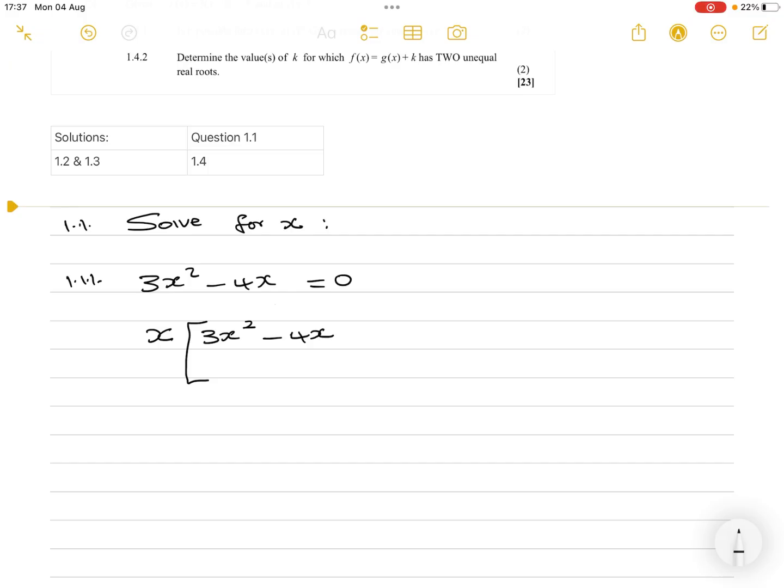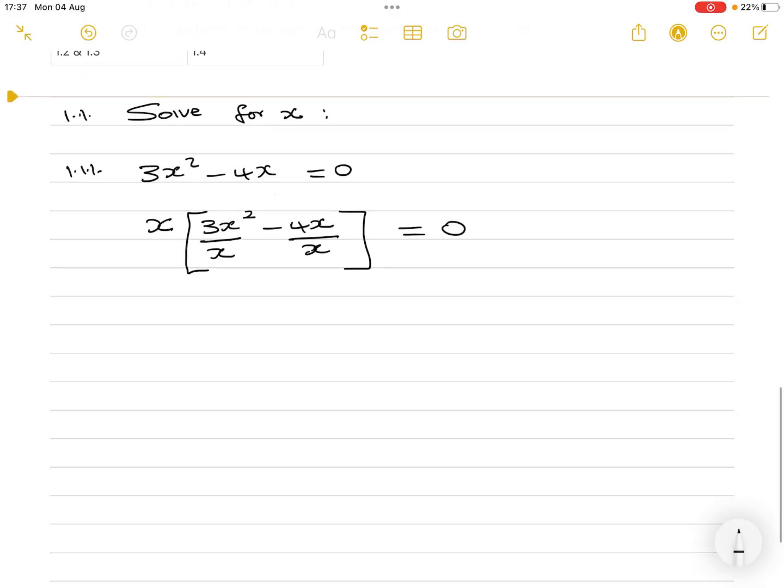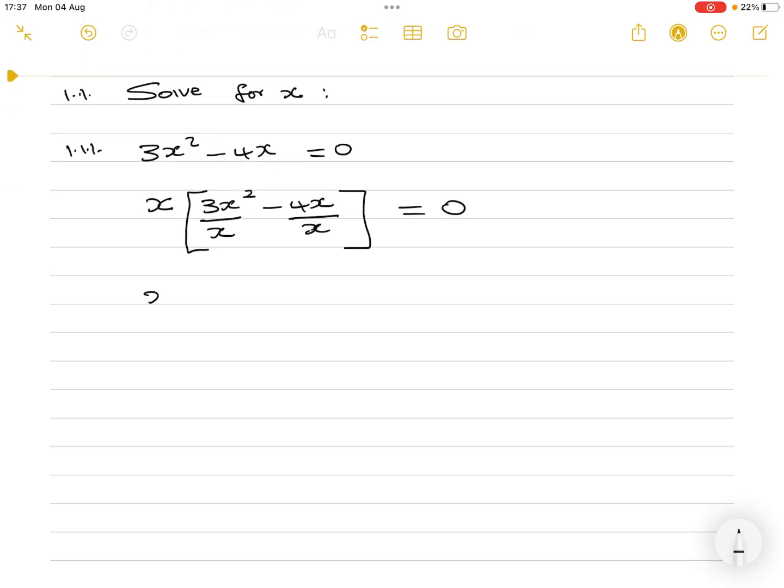So divide by x, both sides, is equal to 0. And then now you have x. When you divide both sides by x here, you'll have 3x minus 4, which is equal to 0.